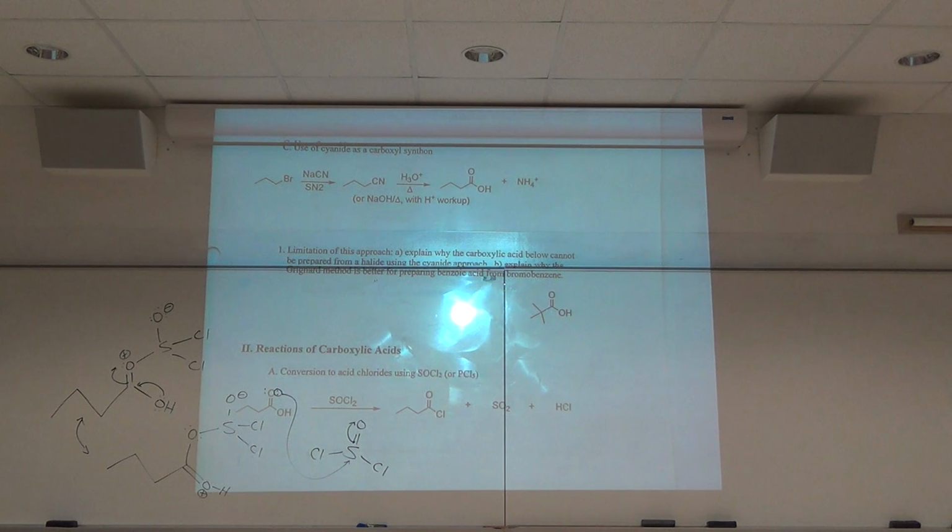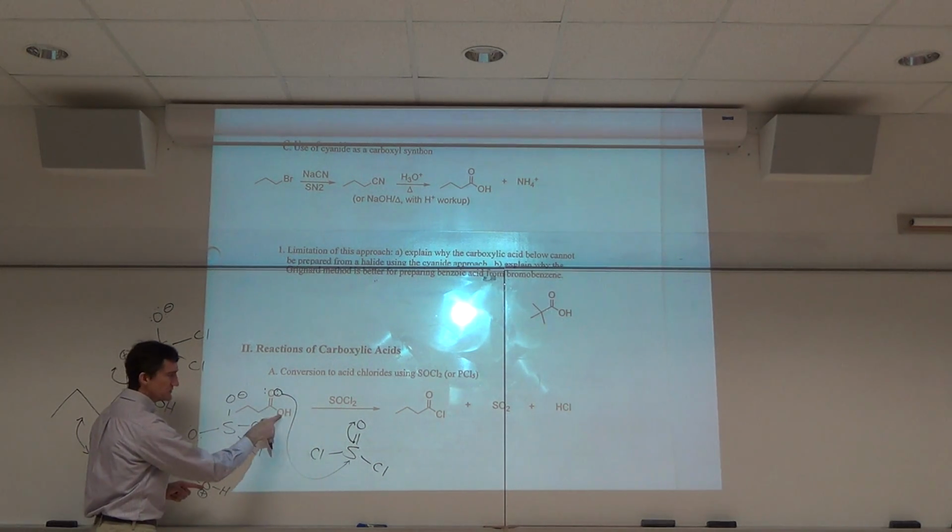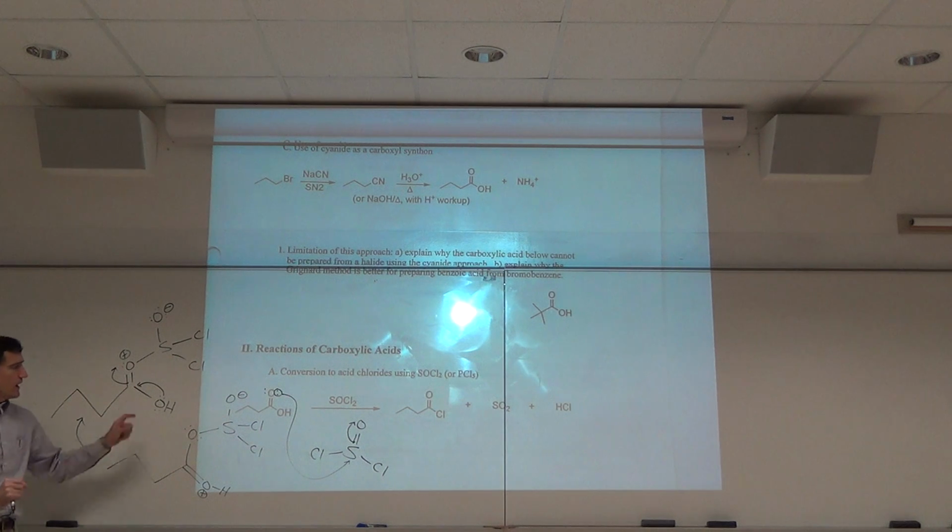That's a resonance structure. Basically, you're at a similar point as if that oxygen attacked. From here, I want you to finish this mechanism up.